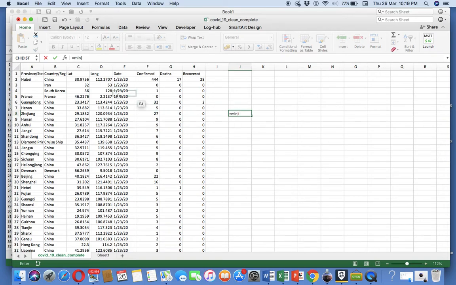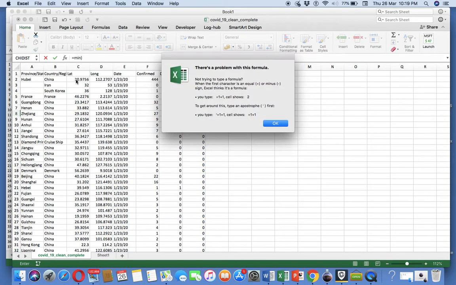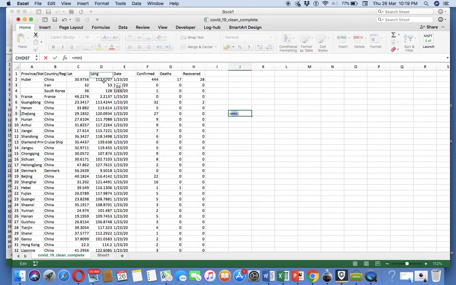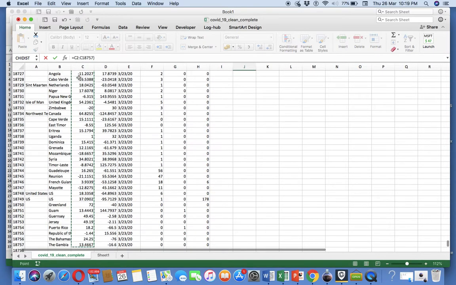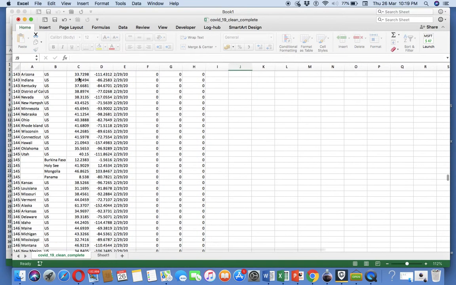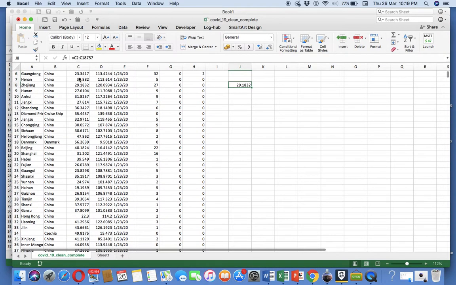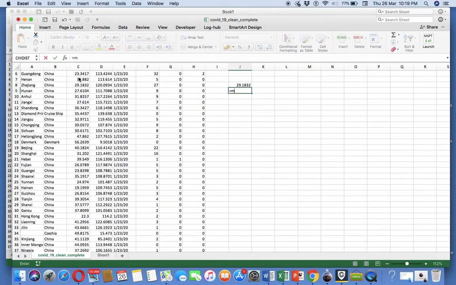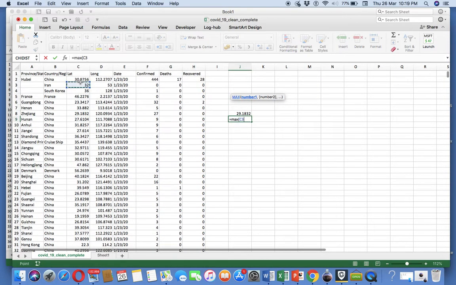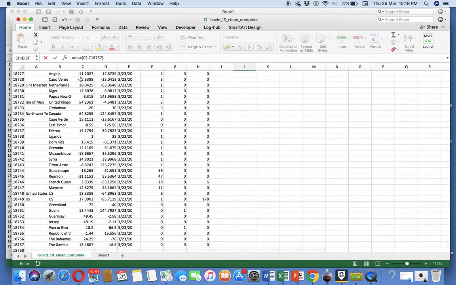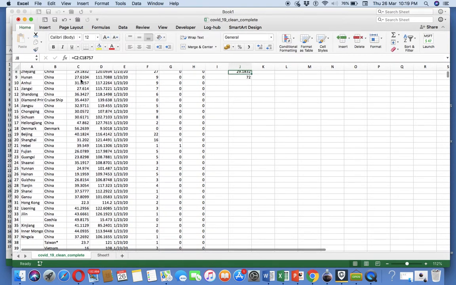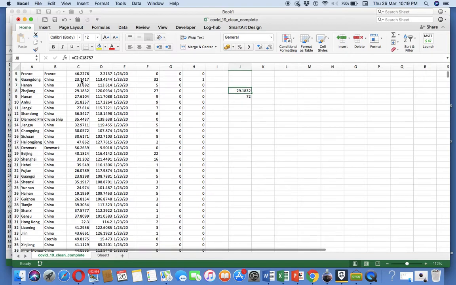Equal to min latitude. So minimum latitude in the data is this, and the maximum latitude would be this. Right. So the minimum latitude, oh god.